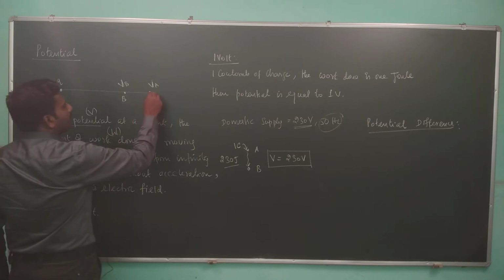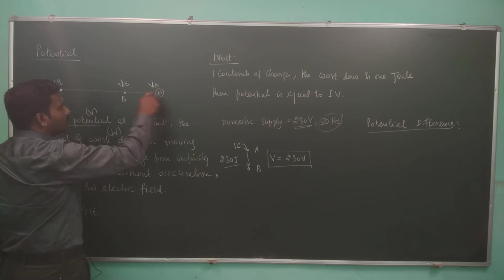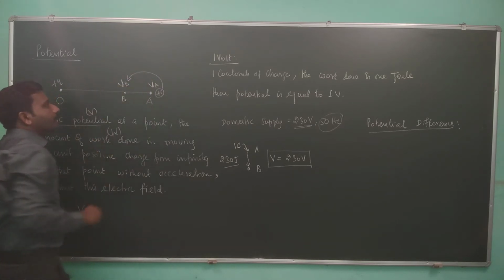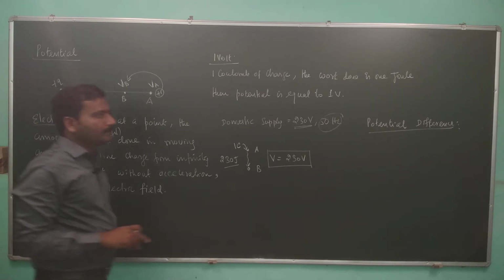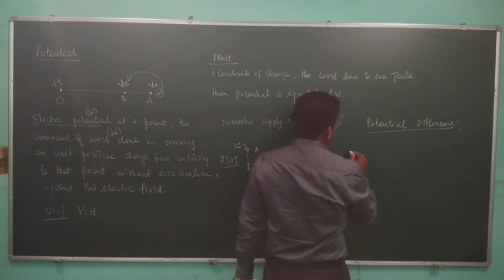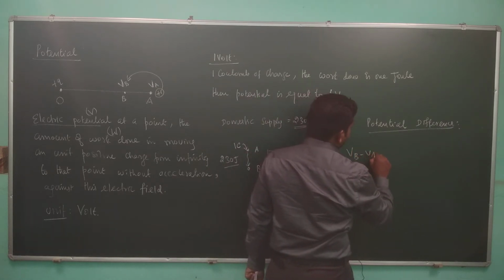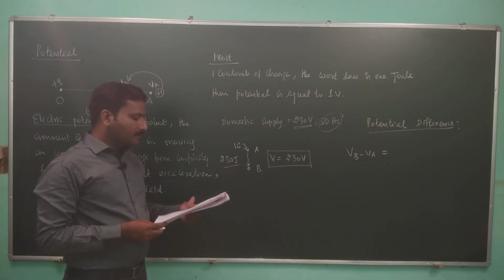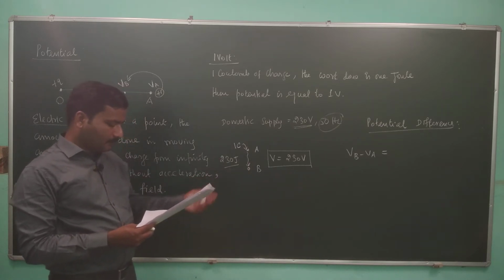Now, if there is a positive charge here, say 1 unit of charge located at point A, and we are bringing it to point B, for that we need to do some work, right? Now, that is VB minus VA, right? That is said to be potential difference, okay?